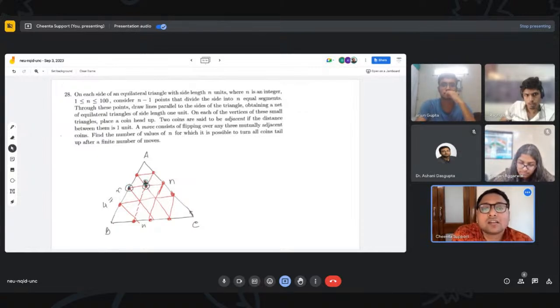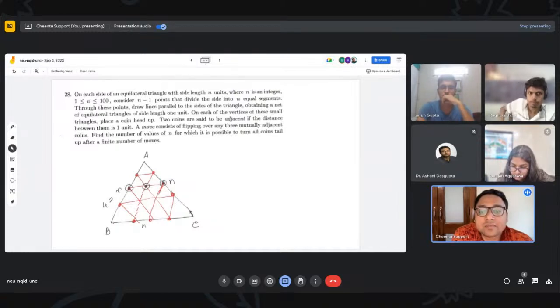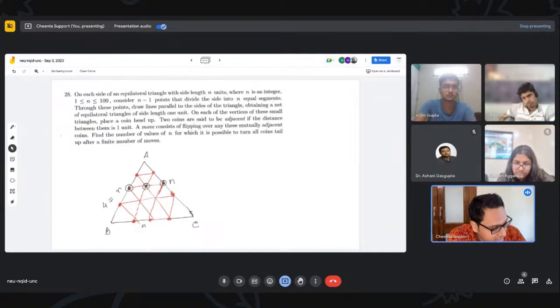So two coins are said to be adjacent if the distance between them is 1 unit. A move consists of flipping over any three mutually adjacent points. So we have adjacent points like this.